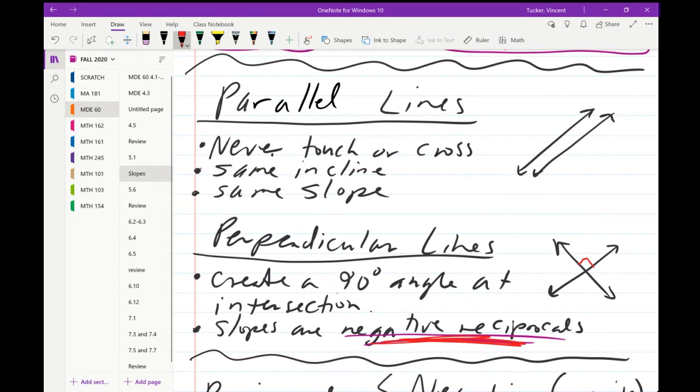Perpendicular lines create a 90-degree angle at the intersection. And they are negative reciprocals of each other. And you know, this little square here just represents 90 degrees. You never assume that you have 90 degrees.